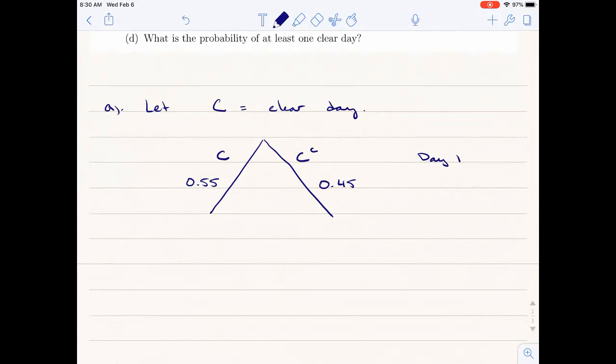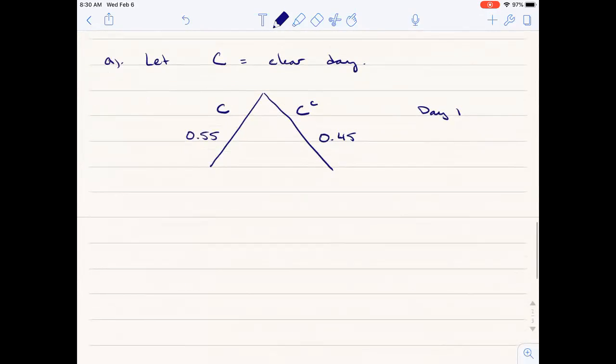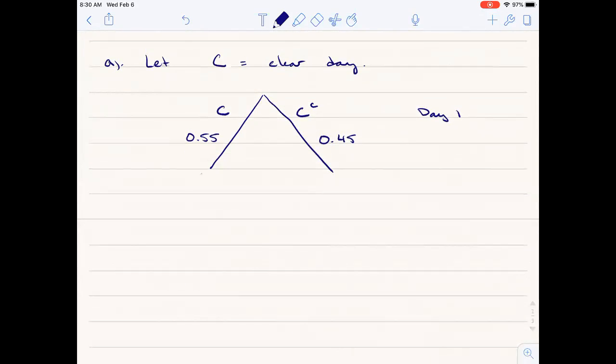So then we kind of branch off here, right? So assume that if the weather was clear the previous day, the probability of a clear day is 0.7 now. So now, off of this clear day branch, we're going on to day 2. It's either clear or not clear again. And it's clear with a probability of 0.7, so then it's not clear with a probability of 0.3.